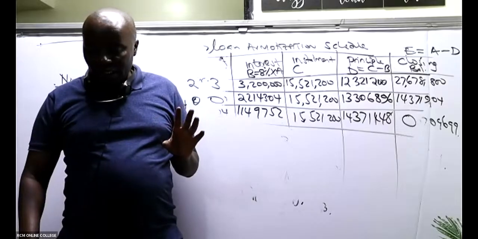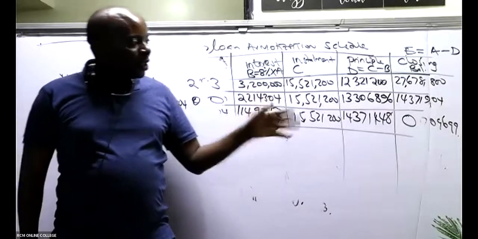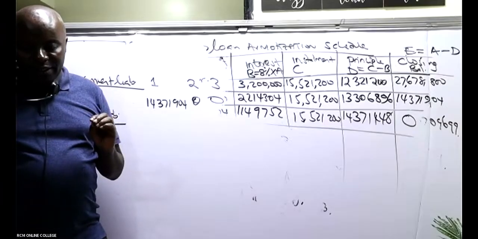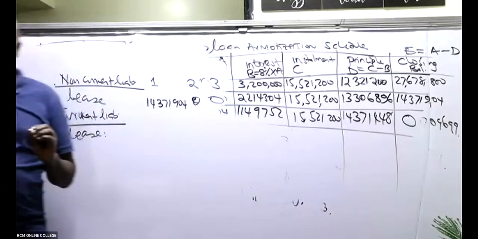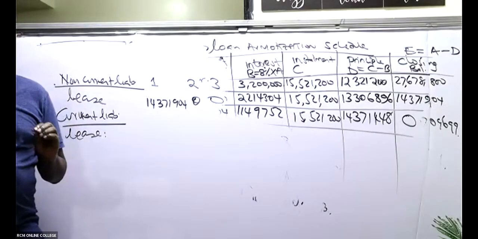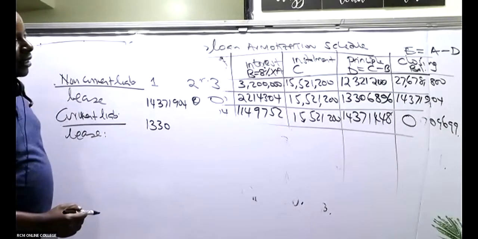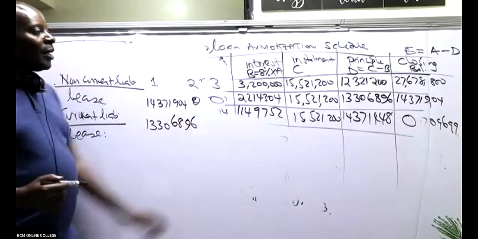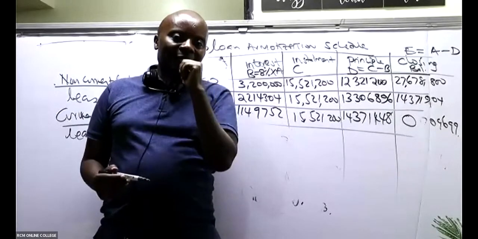Please don't freeze. Say 27,678,800 minus 14,371,904. How much are we getting there? Yeah, 13,306,896. So this that has been paid within the year is what is our current.